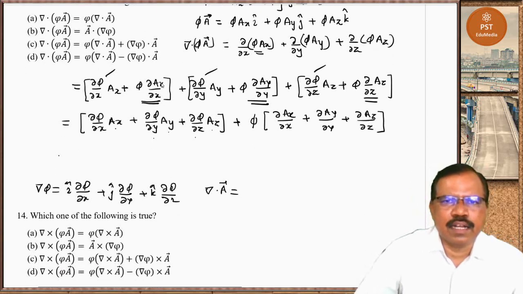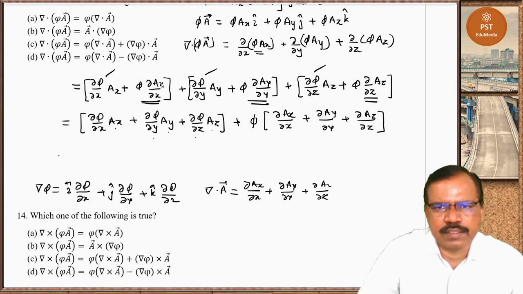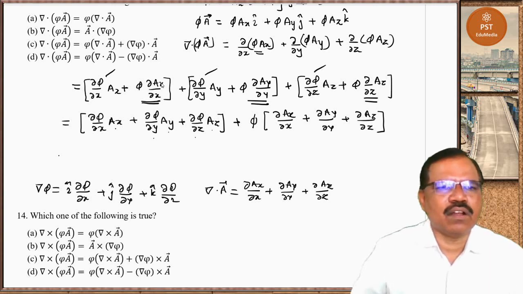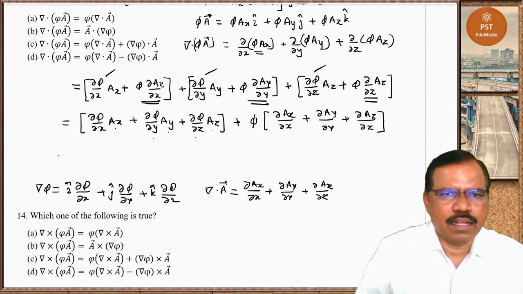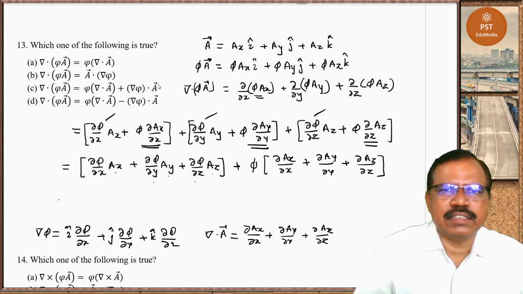So you get ∂a_x/∂x plus ∂a_y/∂y plus ∂a_z/∂z. This is del dot a. So here, if we take a, i ∂phi/∂x dot a_x i, you will get this.